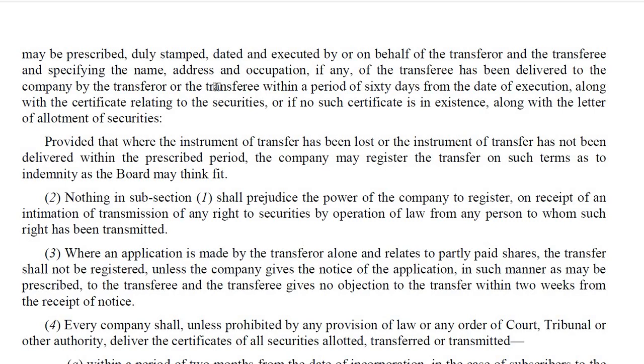So if you purchase any shares using your Demat account, you may get the invoice copy in which you can see the number of shares which are purchased for you and your name as the beneficial owner.